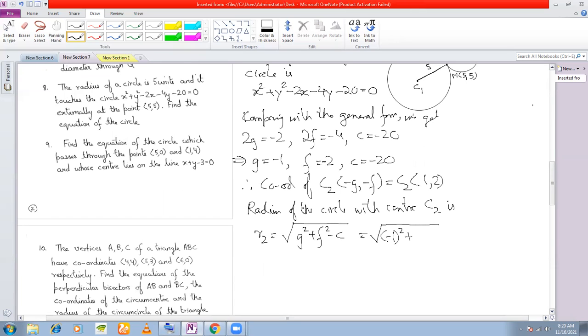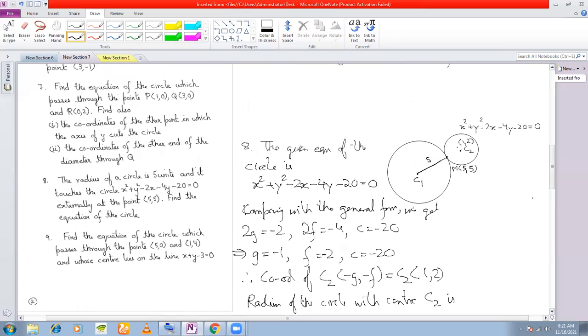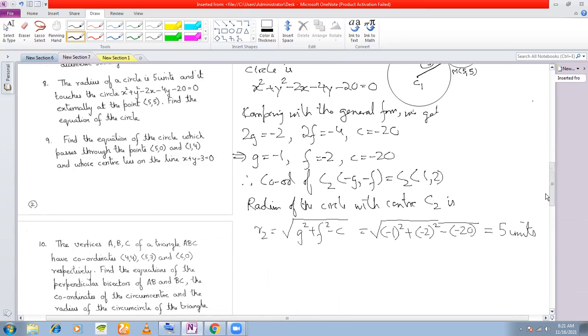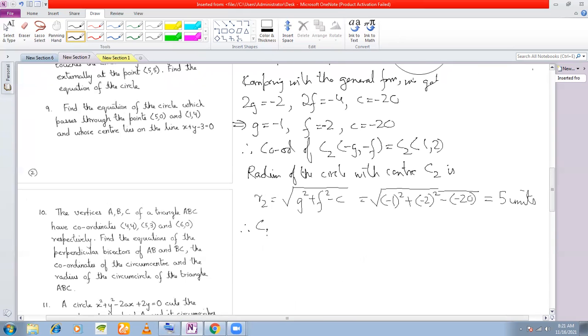You can find this out to be 5 units. That means the radius of this circle with center C2 is 5 units. So C1M, this length here, is 5 units, and C2M, this length here, is also 5 units. Therefore, C1M and C2M both are equal to 5 units.